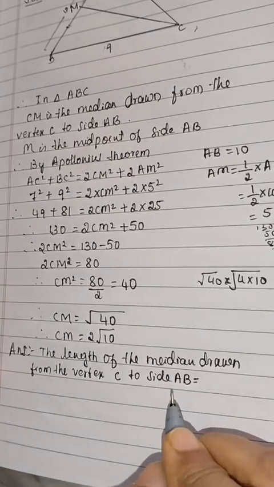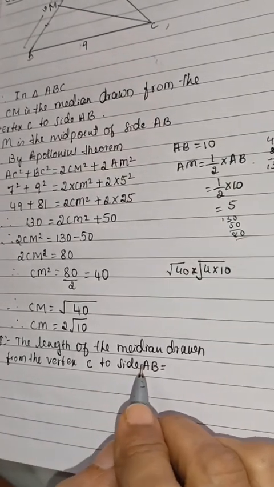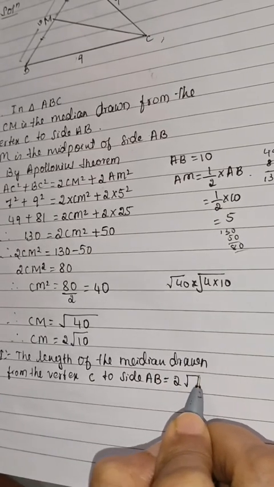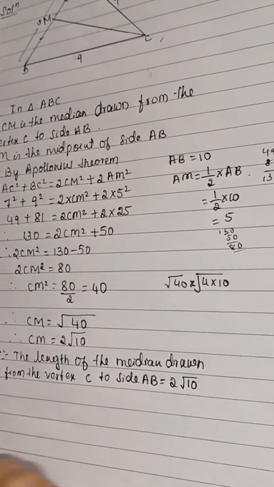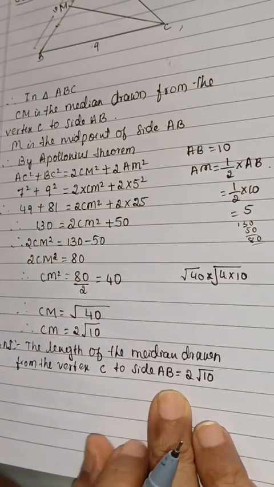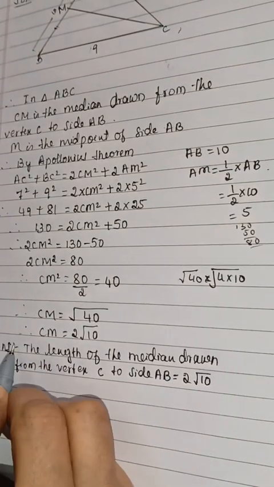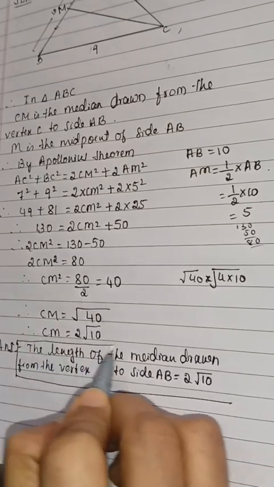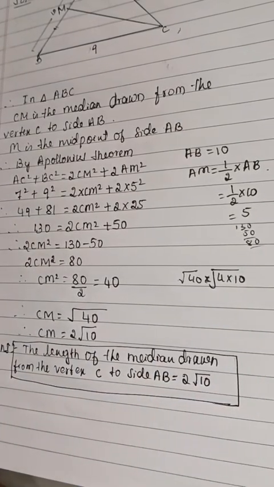This is the length, AB is 2 root 10. Okay, this is the answer. Length of CM is 2 root 10.